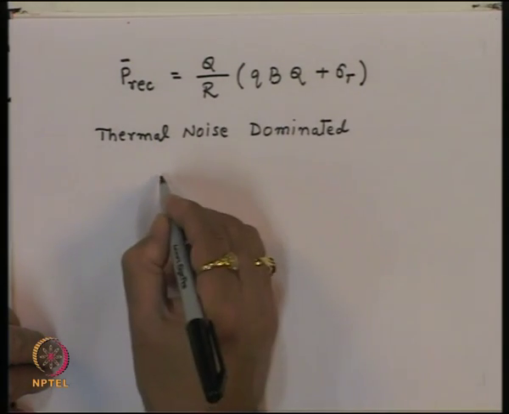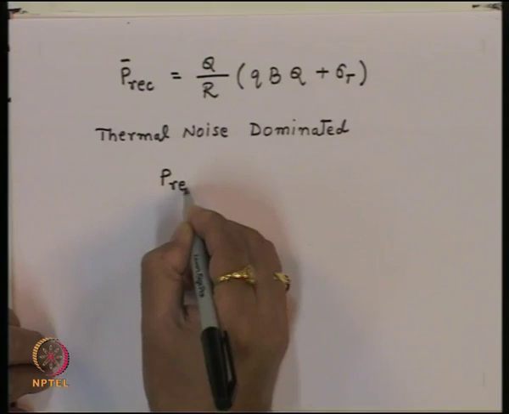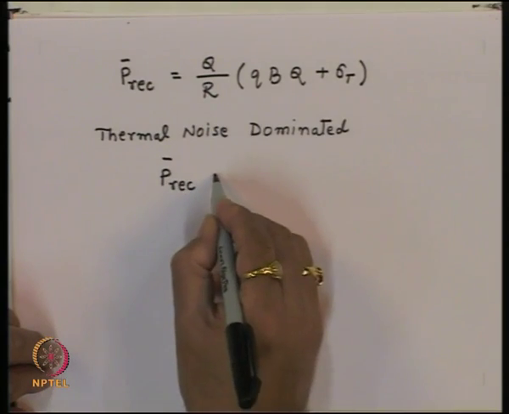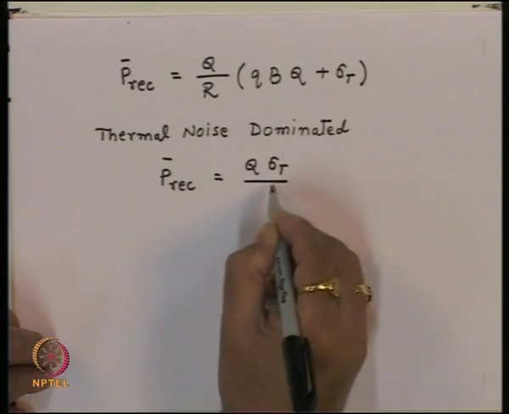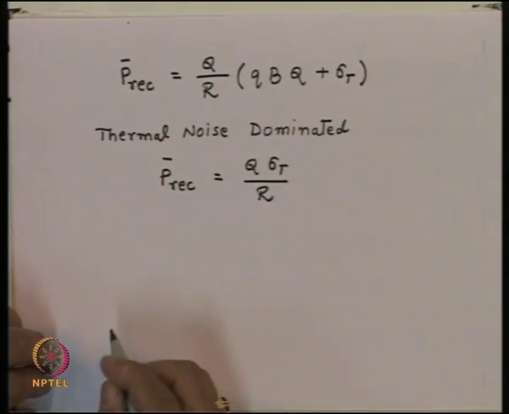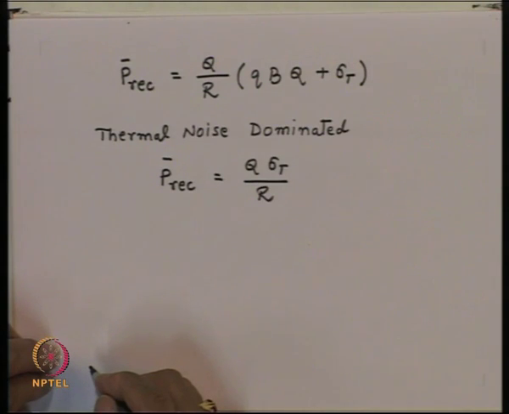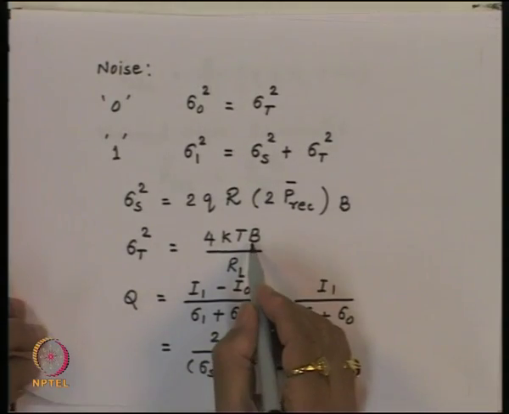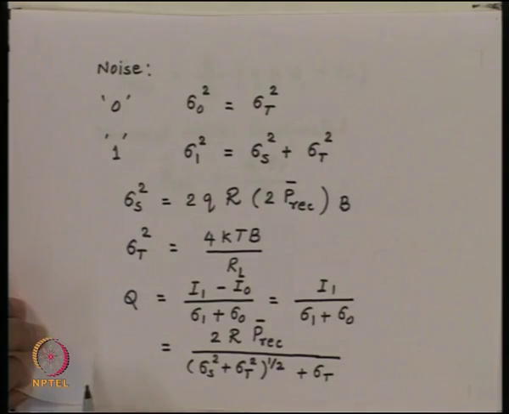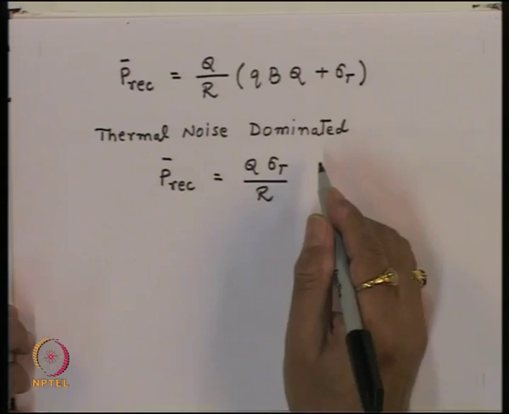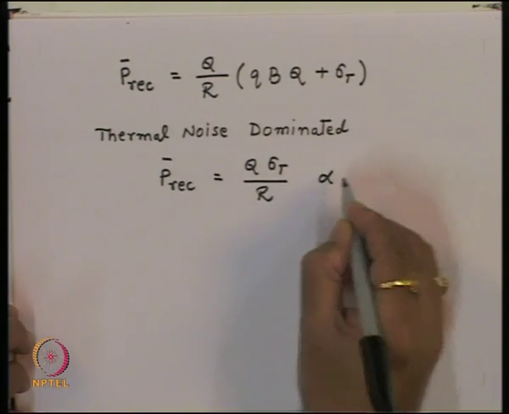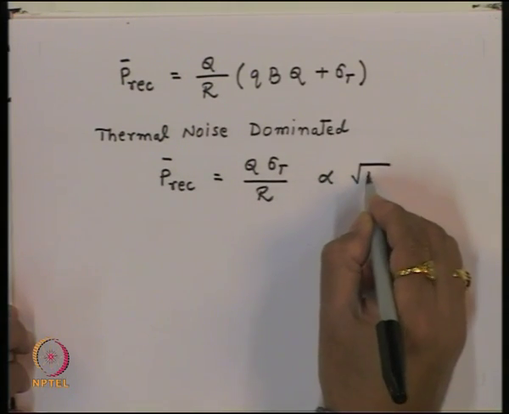So, we can calculate the minimum P received, P REC, which is equal to Q into sigma T divided by responsivity R. And by substituting for sigma T, which is proportional to the square root of B, essentially we get P REC, which is proportional to the square root of the bandwidth.